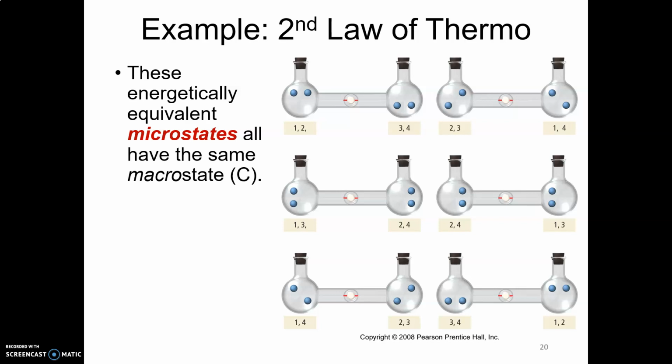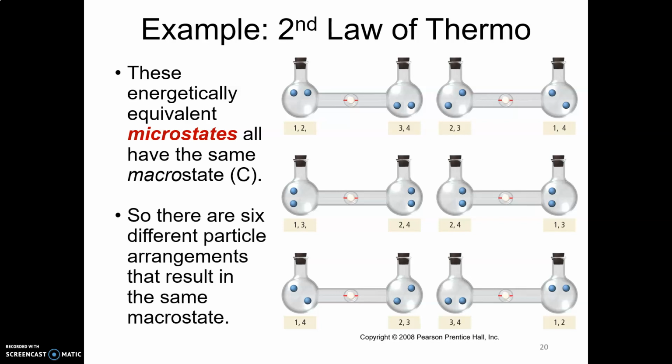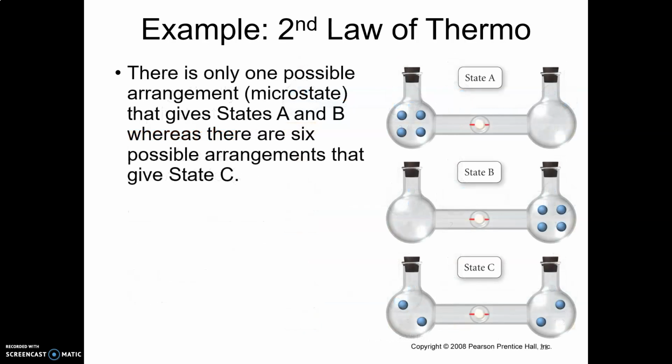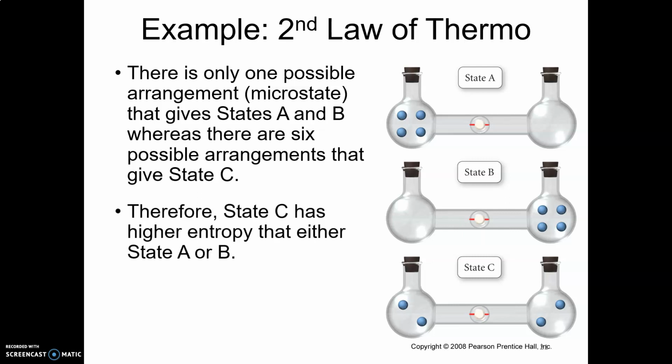So what does that mean? That means that macrostate C has 6 microstates that define it. There's 6 different arrangements that give you that macrostate C. Whereas if you look at state A and B, the initial conditions, there's only 1 microstate that can define them. That's why gases spontaneously expand.